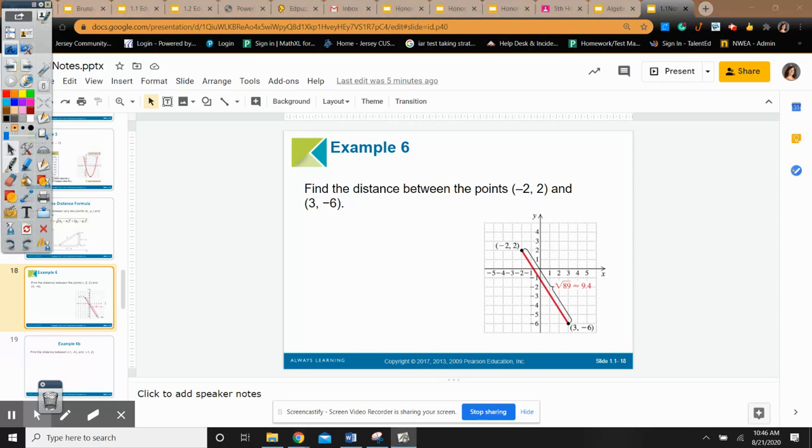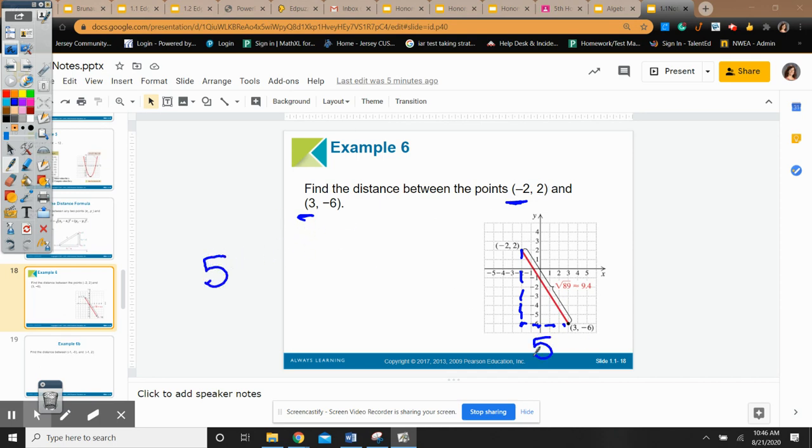Okay, they want the distance between -2, 2 and 3, -6. Now here, you can't count them because it's not straight. So we will just draw in our little right triangle, and you'll ask yourself, how far apart are my two x values? How far is it from -2 to 3? That's 5 apart.